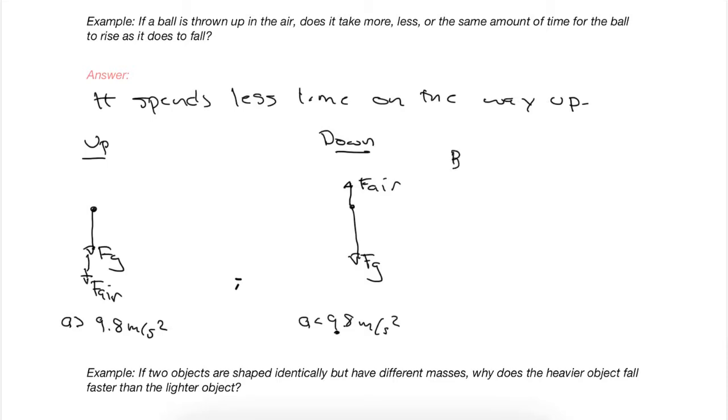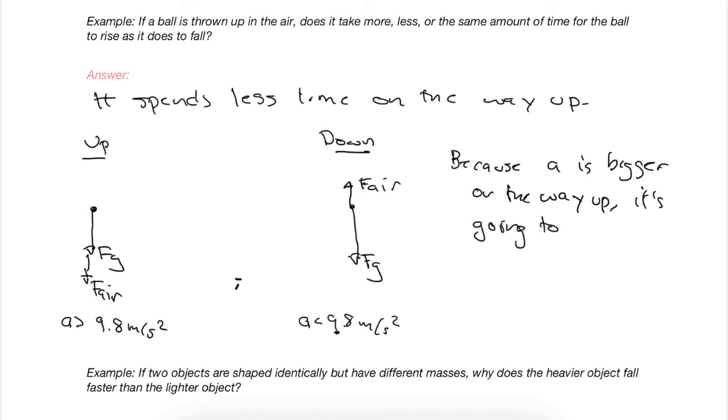Well, because a is bigger on the way up, it's going to come to a stop quicker than it would reach that speed or reach that position on the way down.